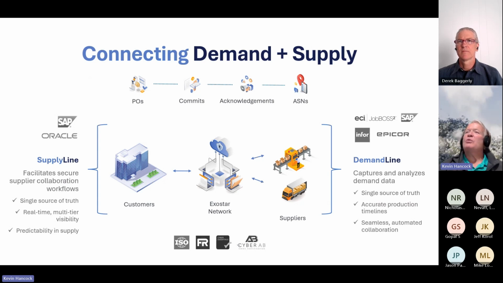So you don't have to be a large prime with a huge infrastructure to improve the collaboration with your supply chain itself as well. You can engage with Exostar, establish a supply chain portal for yourself that links into your ERP to expose that side of the business, and then use our companion product, if you will, demand line, to bring in that information to you.